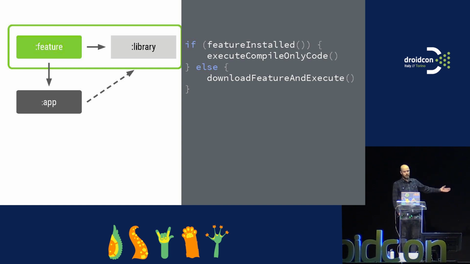And then you execute the code that is marked as compile-only. Otherwise, you download the feature. If you have a dynamic feature module with that, which is not using on-demand delivery, you don't have to do these checks. But the cool thing is you keep your application module lean and small and ship the library only as part of the feature that actually wants to deploy it with.